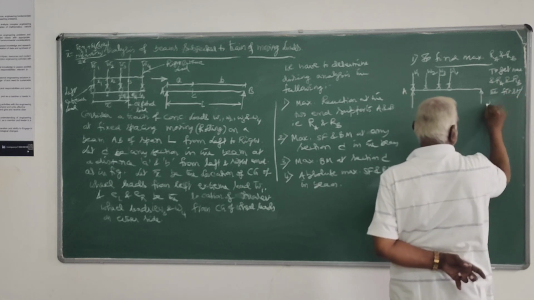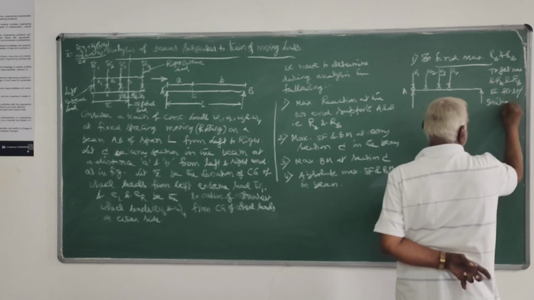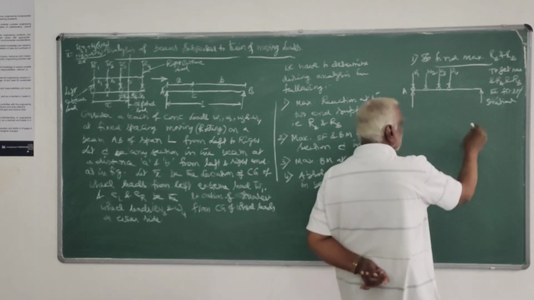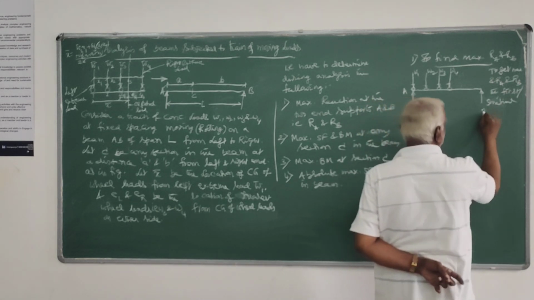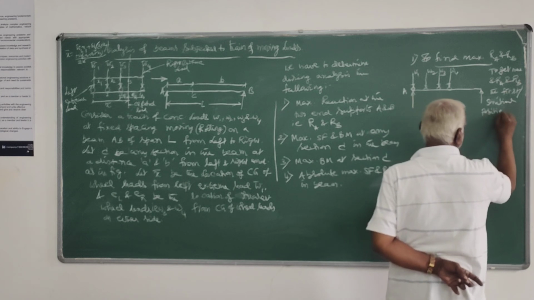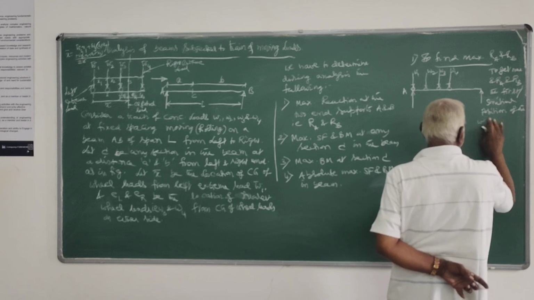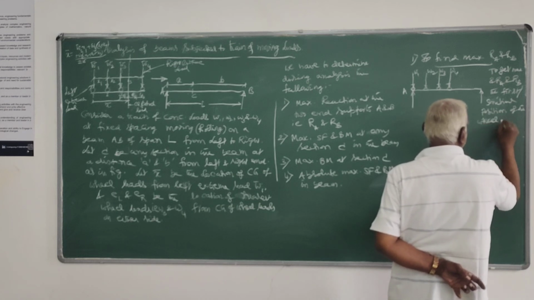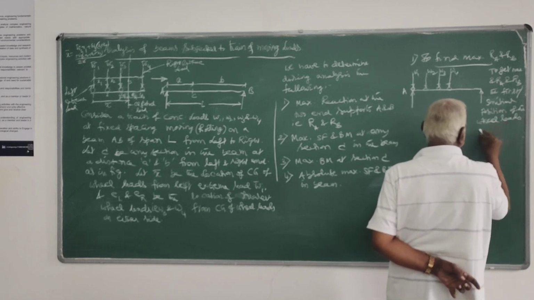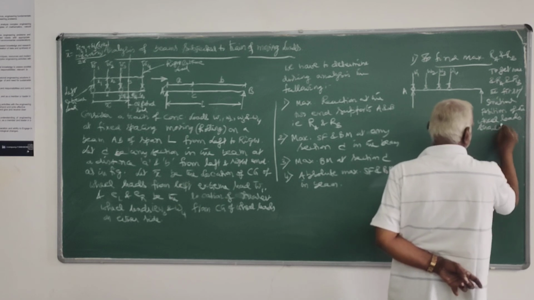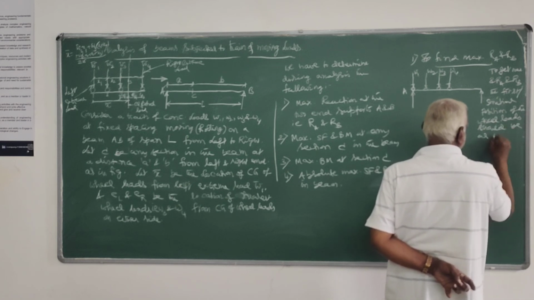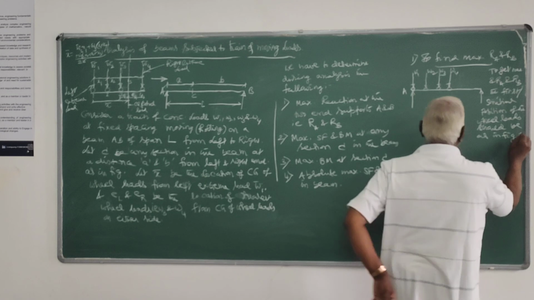So first, to get maximum RA and RB, the initial position of the wheel loads should be as in the figure.